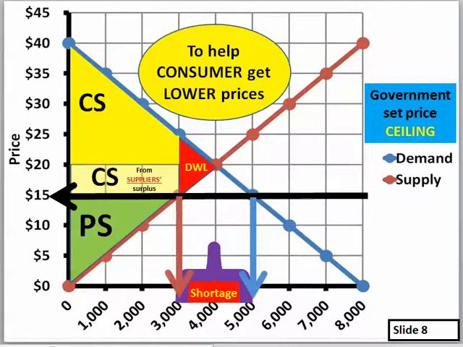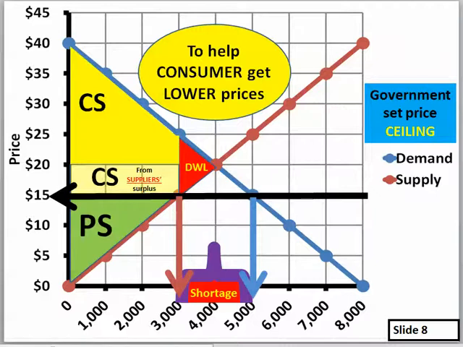Well, we see that now the producer's surplus is much lower, because at this low price, in this case $15, well below the $20 equilibrium price, the suppliers are not willing to supply nearly as much. So where the pinkish arrow goes down to the quantity of 3,000, that's the amount that suppliers are now willing to supply at this lower price. There are still some suppliers who would have been willing to supply at an even lower price. So we have the small green triangle in the bottom left that is the total amount of producer's surplus.